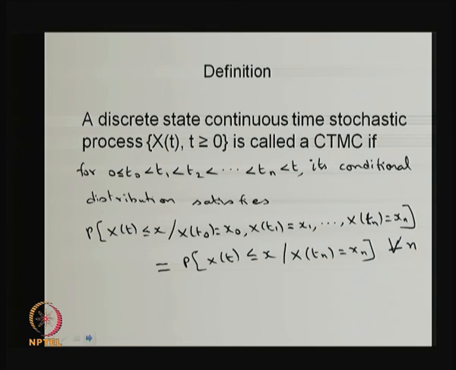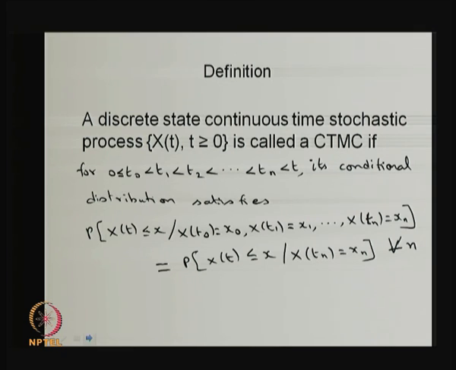That means what is the probability that in the future the random variable x(t) will be in some state, given that it was in the state x_0 at time point t_0, it was in the state x_1 at the time point t_1 and so on.